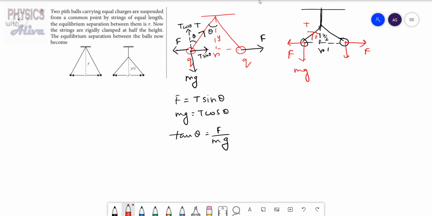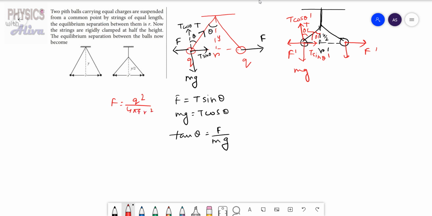Suppose this angle is theta dash, right? So this angle will also be theta dash. So this component will be T cos theta dash and this component will be T sin theta dash. So from here we can write that this force will be F dash, because in the first case, the distance between the two balls is small r, so the force is equal to Q square by 4 pi epsilon naught r square.